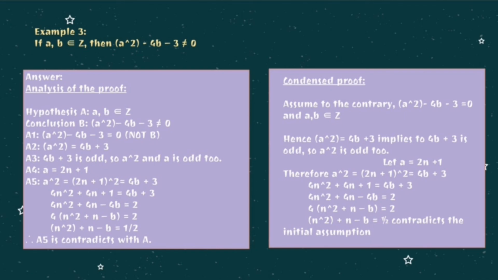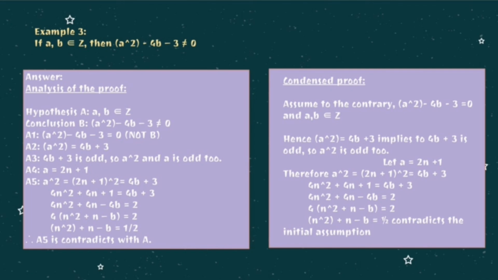So 4n squared plus 4n plus 1 equals 4B plus 3. So 4n squared plus 4n minus 4B equals 2. So 4 in brackets n squared plus n minus B equals 2. And n squared plus n minus B equals 1 over 2. Therefore, A5 contradicts A.